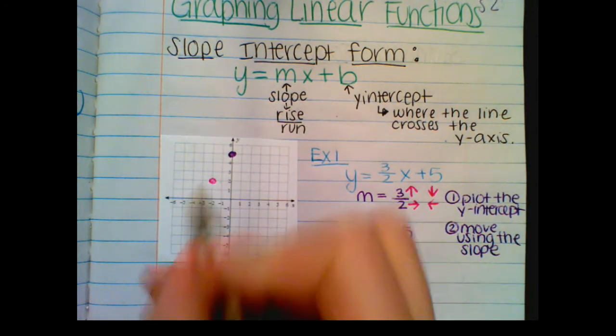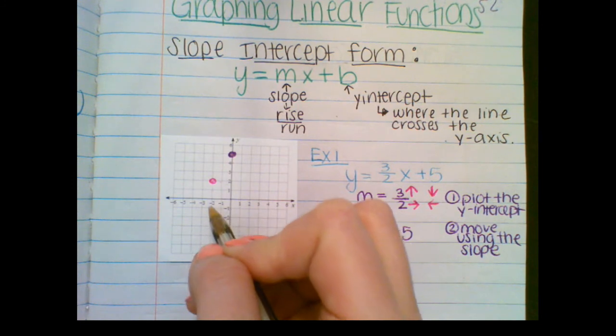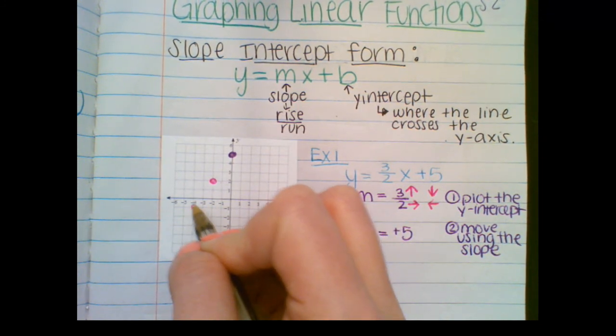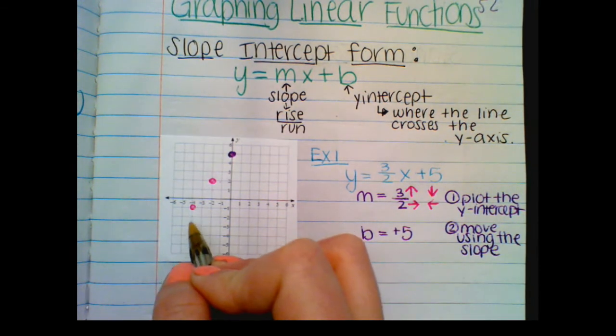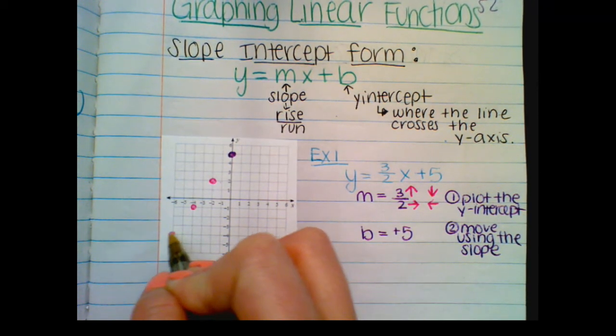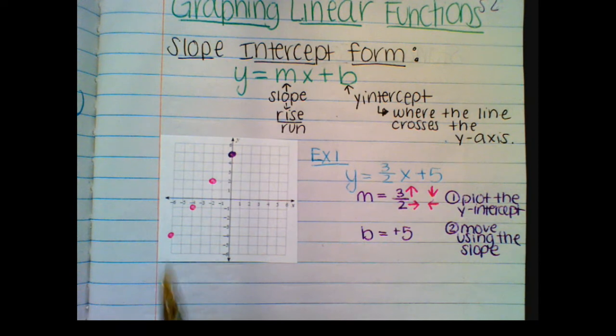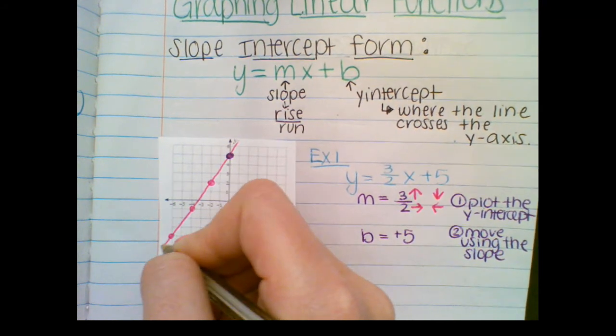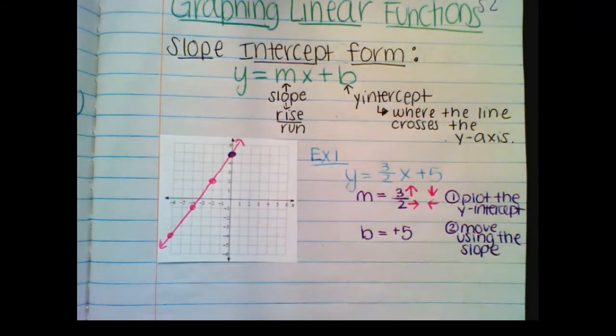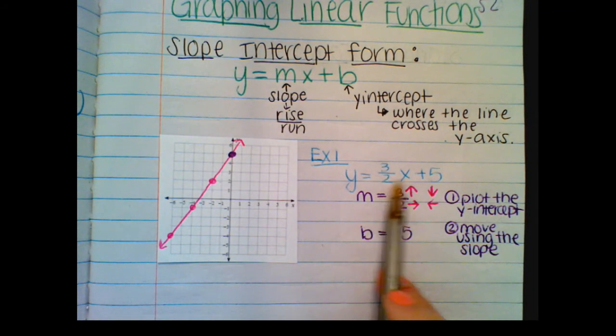And I can do it again. Down 1, 2, 3, to the left 2. Perfect. And I maybe can do it again. Down 1, 2, 3, to the left 2. Great. If I try again, I run out of space. So I now know that this is the line that represents y equals 3 over 2x plus 5.